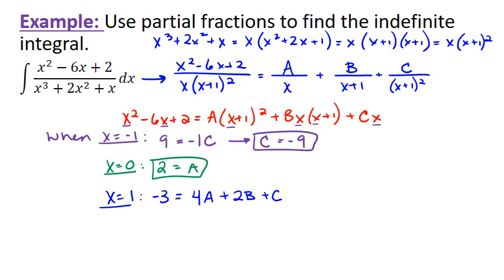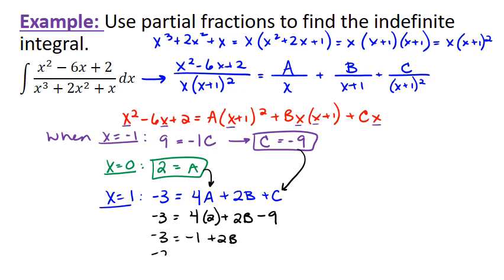Okay, well, I know a and I know c. If I know those values, I can plug them in and find b. So -3 is equal to 4 times 2 plus 2b minus 9. All right, so this is 8 minus 9, so -3 is equal to -1 plus 2b.